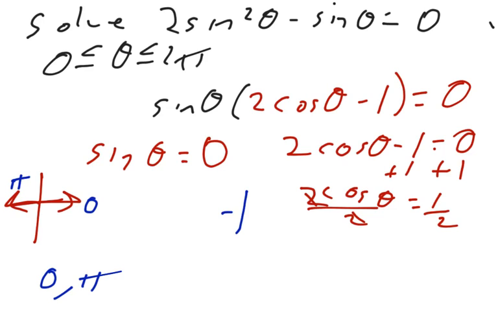The cosine is positive in the first quadrant. And with cosine, we have a 30, 60, 90 triangle, which means we have 60 in there. Well, 60 is the same thing as pi over 3 when we change it to radians.